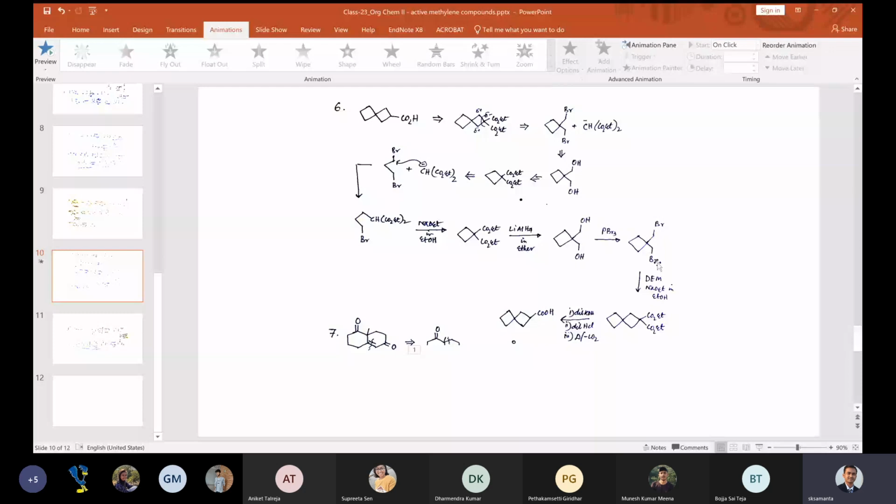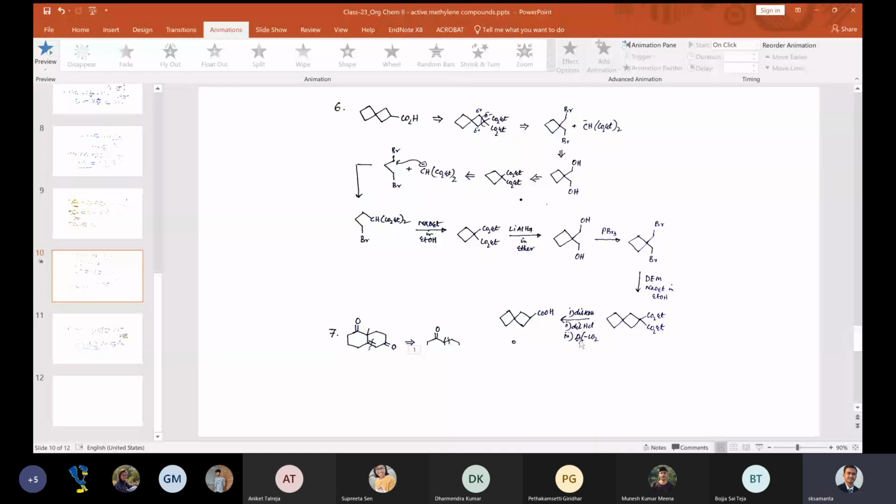Now you use another molecule of diethyl malonate in sodium ethoxide in ethanol. This negative charge will again attack here, another base will take up another proton and attack here. So you get this one. Now this CO2Et, CO2Et, hydrolyze this with KOH, acidify with dilute HCl, and do the heat treatment.